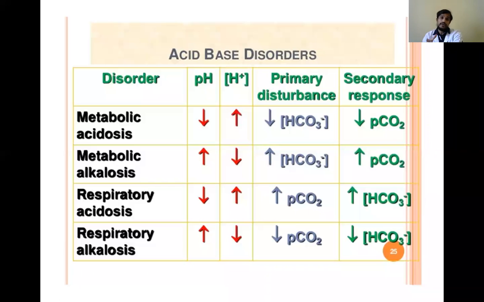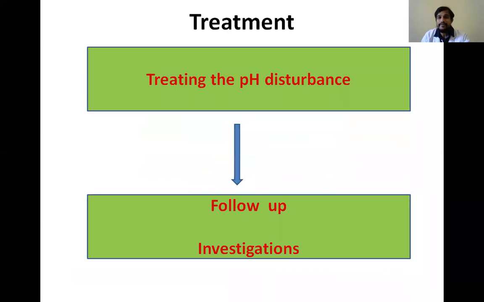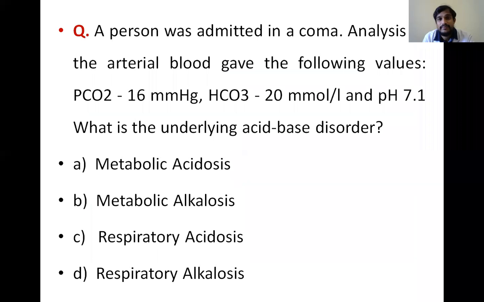Depending upon the values of different components in the arterial blood gas analysis, we will assess the acid-base disorders. Coming to the treatment, depending upon the disorder and the pH variation, we will treat the condition, and the follow-up is by repeated arterial blood gas analysis.